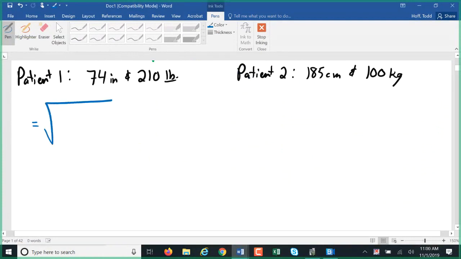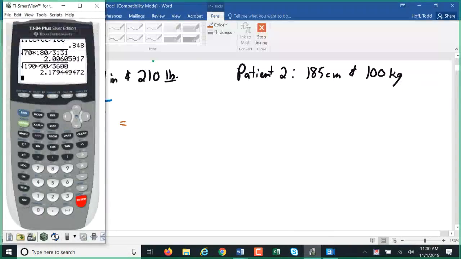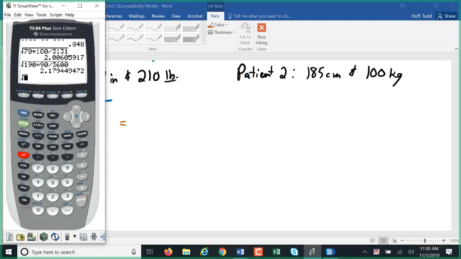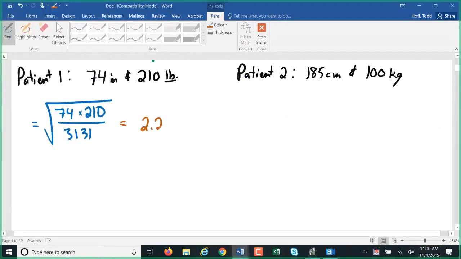So our first example here, both of those are standard units. So it'll be 74 times 210 over 3131, which gives us 2.227, round it to 2.22 or 23 square meters.